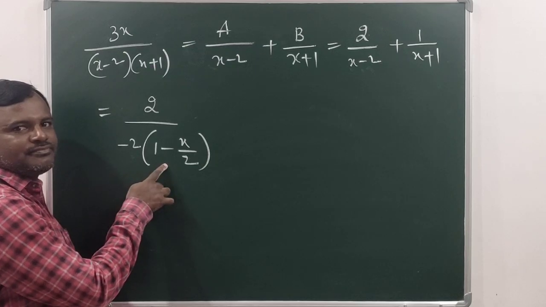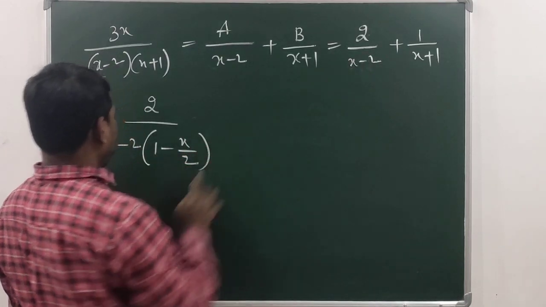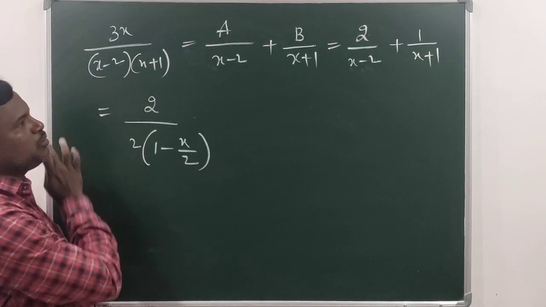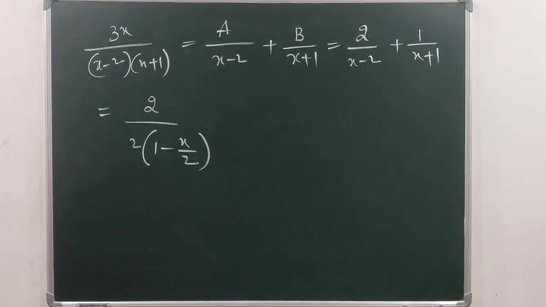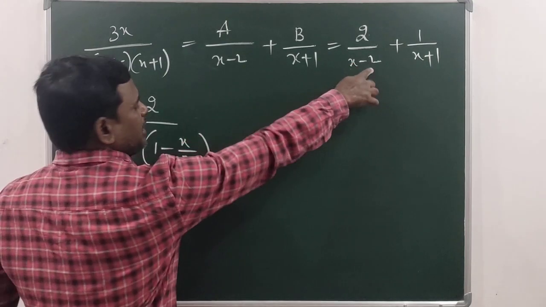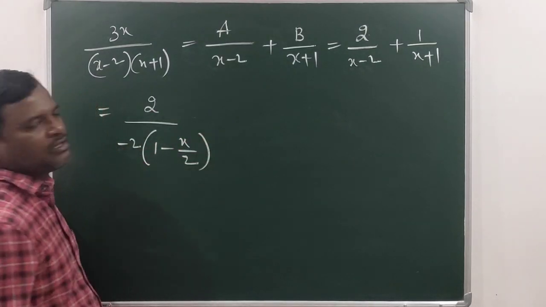Minus 2 into 1 is minus 2, and minus 2 into minus x by 2, minus into minus is plus, the 2 cancel, x you will get.